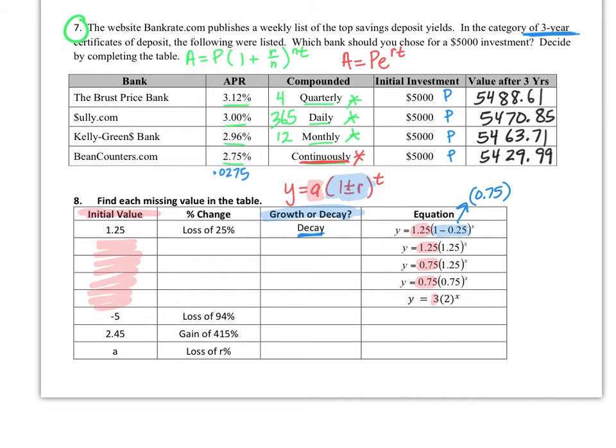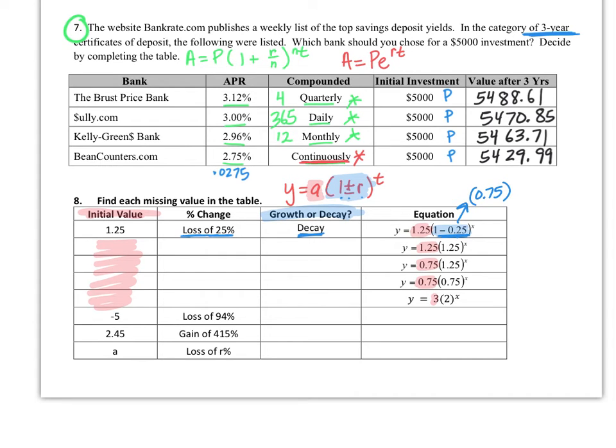So what does that mean exactly? Well, notice that when we're setting this down, it ends up being 1 minus r of 25%, so it's a loss of 25%. So that's where that's coming in, okay? It's a loss because it's a minus of 25%. Now, not all of them are separated like that.